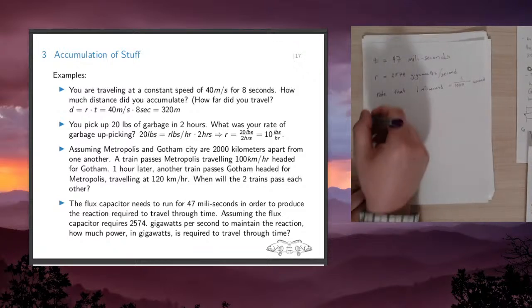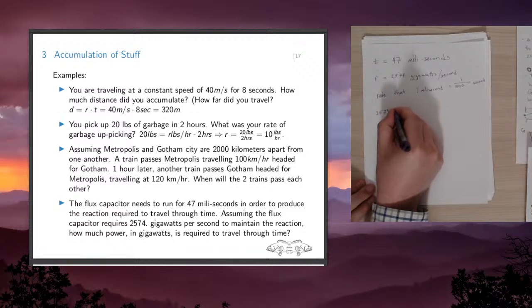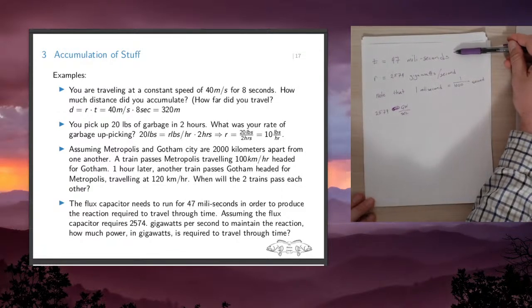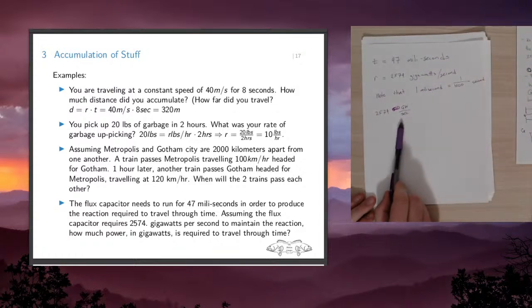So there's two different ways we can do it, but I think maybe the easier way is, 2574, I'm just going to abbreviate gigawatts with a GW there, per second, right? Well, there's two options. We can either change T into regular seconds, or we can turn R into gigawatts per millisecond.